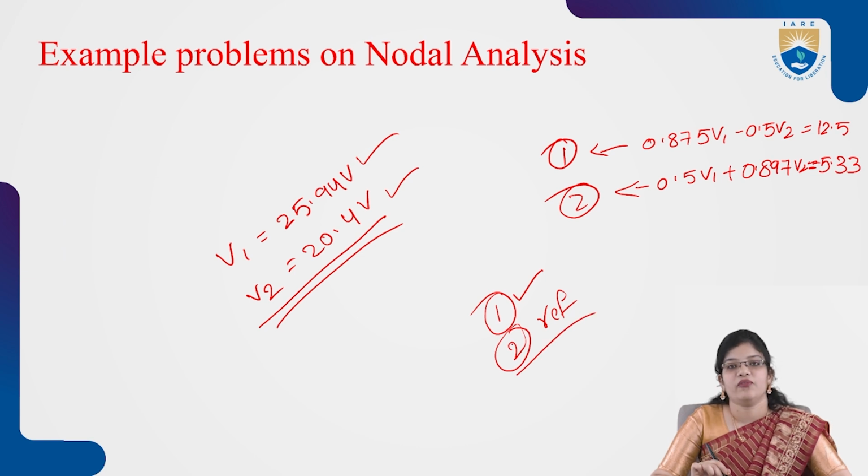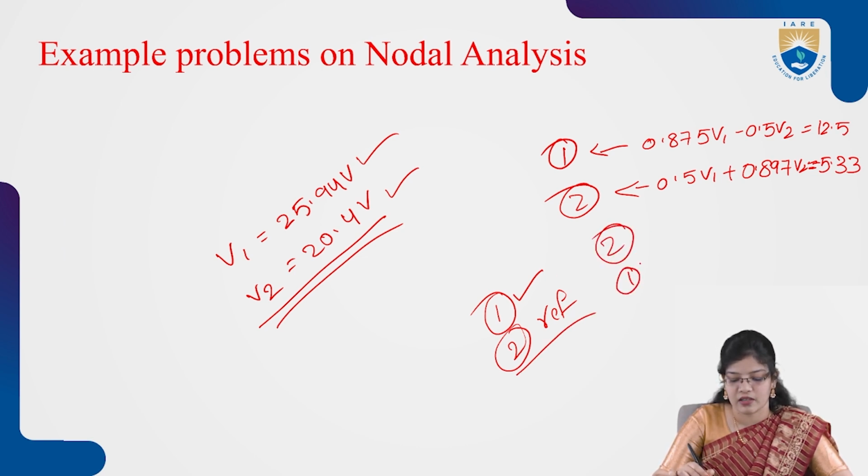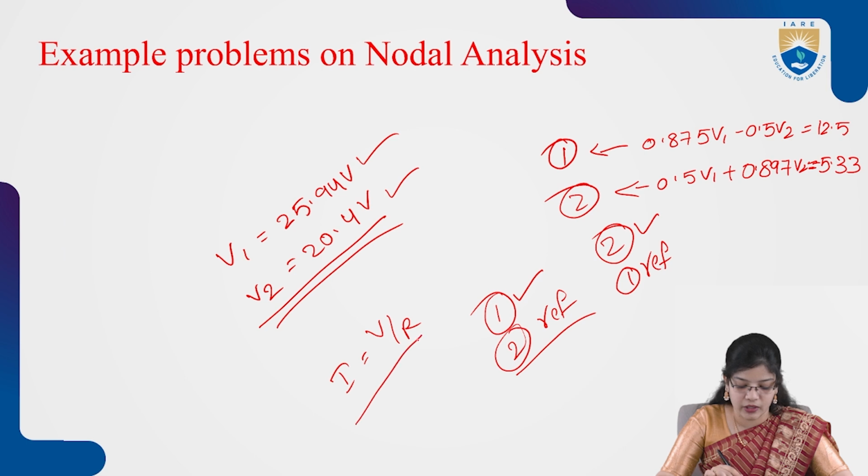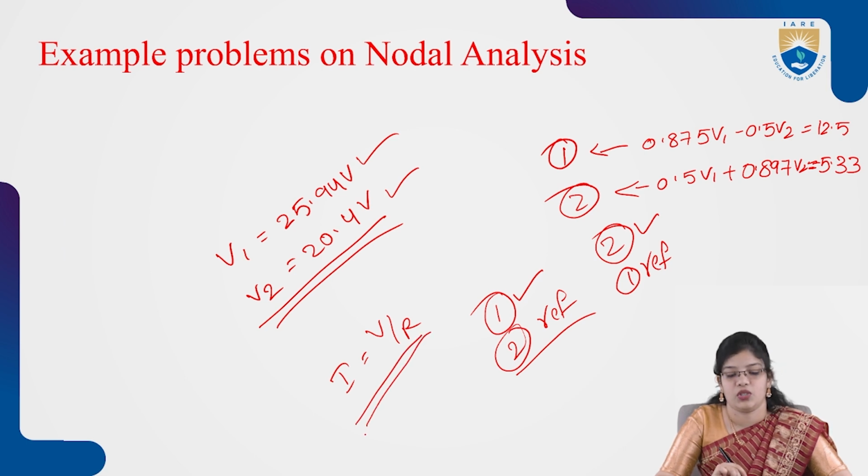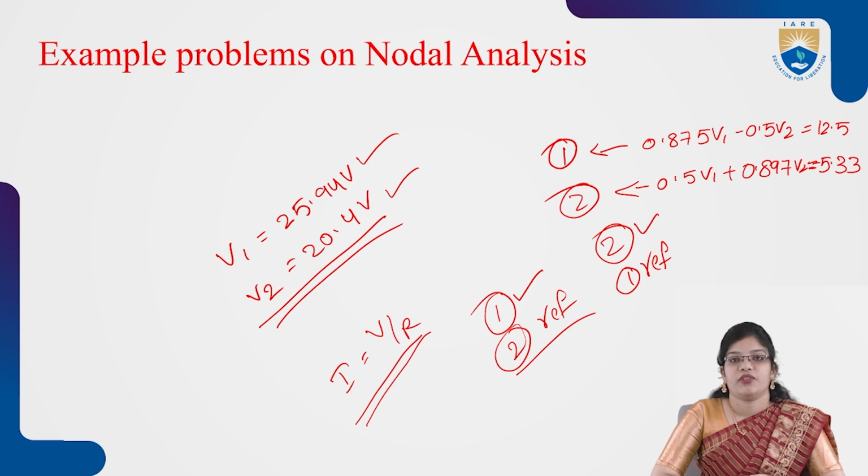In the same way, if we are having two nodes, we have to take one as reference node and two as actual nodes. From that we apply the equations in the form of I equals V by R, and then we calculate the node voltages from these equations by using nodal analysis. That's it for today's lecture.